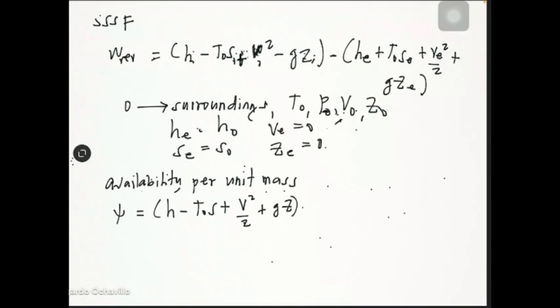Here, per unit mass of the system. So this is our symbol here. So this is the work reversible, the maximum of course, minus the work of your surroundings.